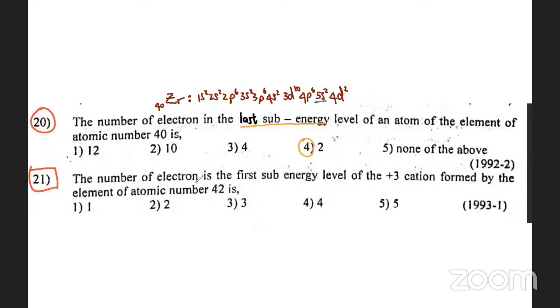Right. The number of electrons in the first sub-energy level. I think this also should be last, people. Let's check the original paper. Give me a second. Probably it should be last, because first sub-energy level doesn't make any sense, no?